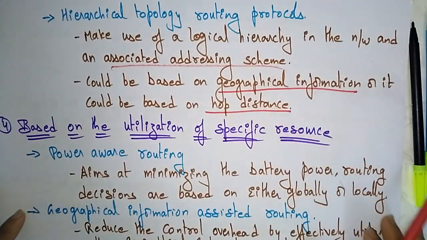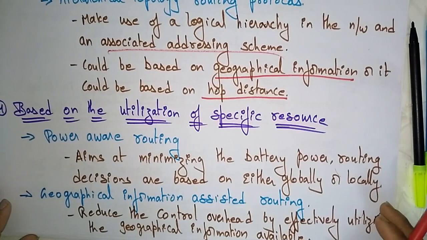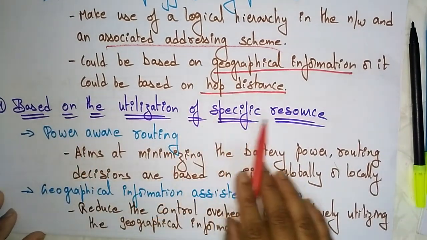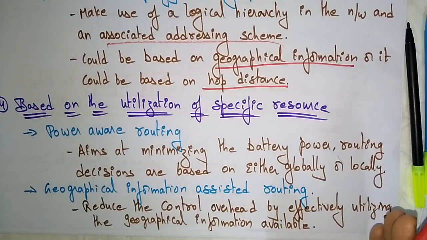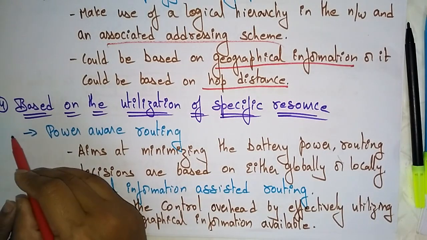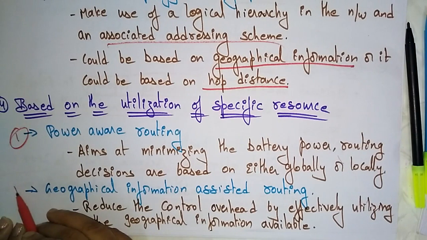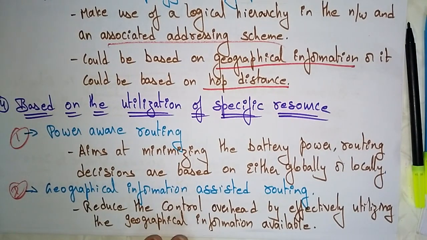Now coming to the last classification, which is completely based on the utilization of specific resources. The utilization of specific resources concentrates on power aware routing and geographical information assisted routing.